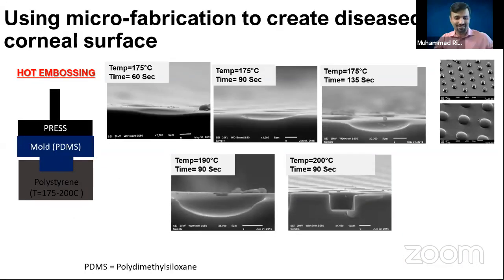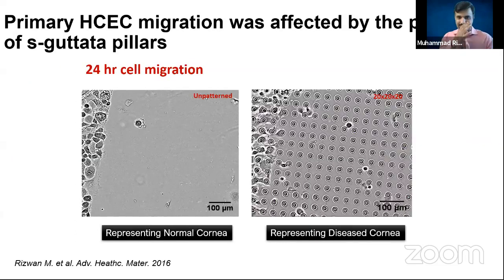I'm really happy that you asked this question. It shows that people are really following what I'm talking about. So to answer your question, there are two types of patterns. What we are doing here is trying to mimic the diseased cornea and normal cornea, right?